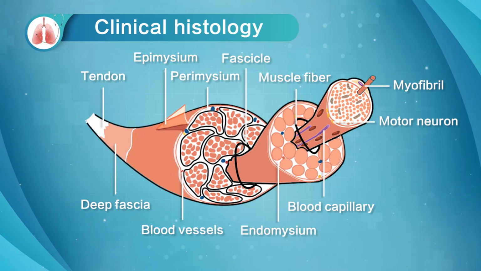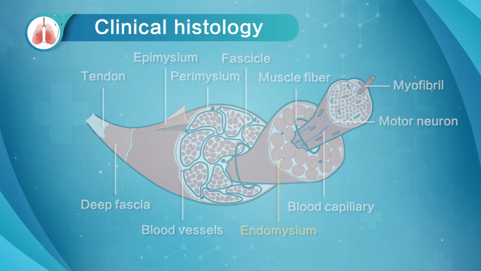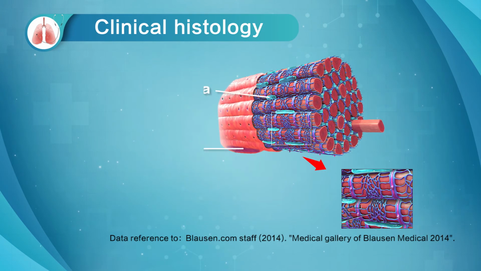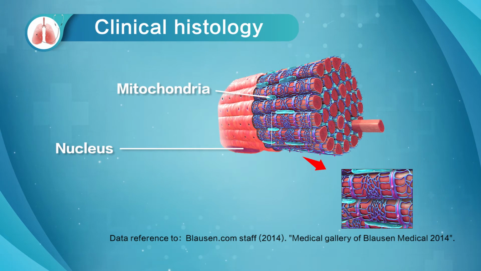Inside each skeletal muscle, muscle fibers are organized into bundles called fascicles, which are wrapped by a less dense connective tissue called the perimysium. Inside each fascicle, every single muscle fiber is encased in a thin connective tissue called the endomysium.